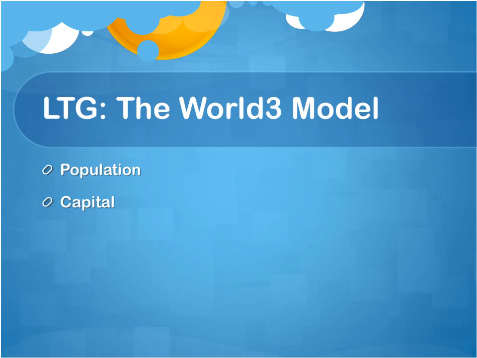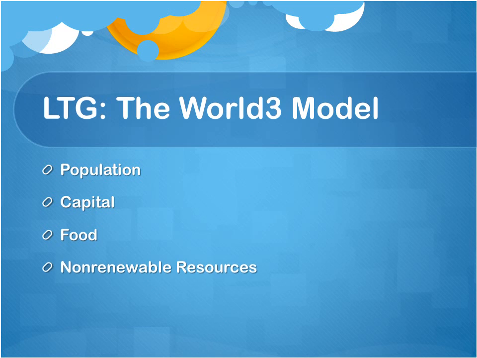This has to do not just with money, but also with infrastructure, services, and the amount of capital that exists in the world. Food, okay, again, we go back to food production as one of the key variables that drives sustainability. The state of non-renewable resources, okay, and how these resources are used to live and to produce capital and to generate food and to grow population.